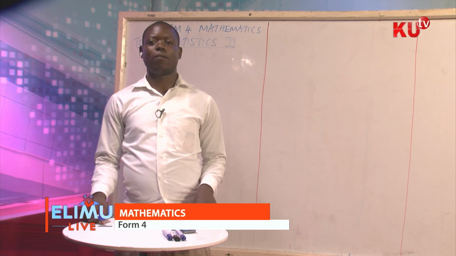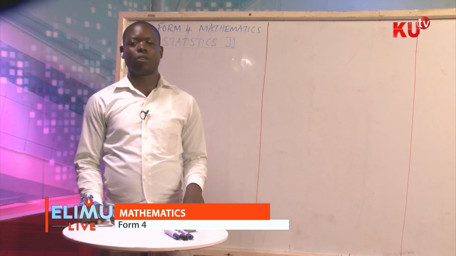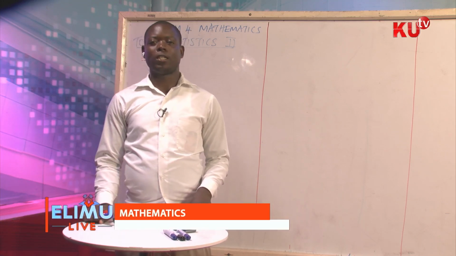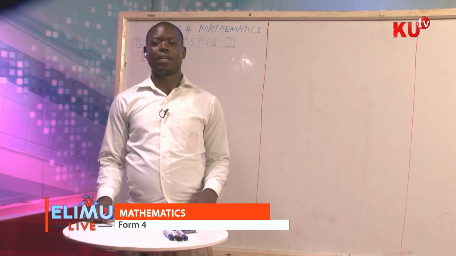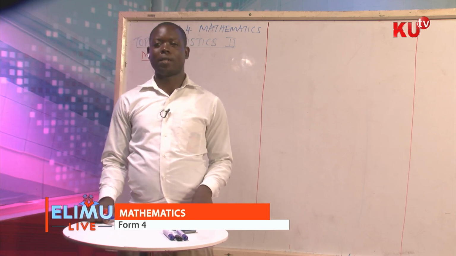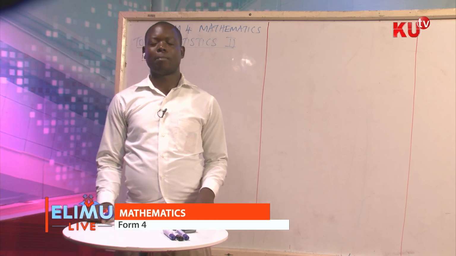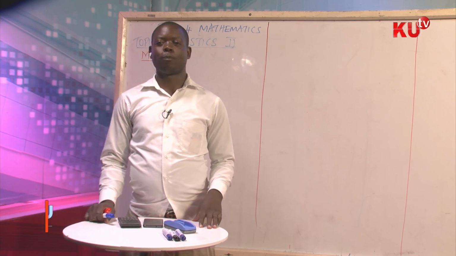And one of the measures that we analyzed were what we call the measures of central tendency. We said the measures of central tendency are three. There is mean, there is mode, and there is median. Those are the things that we analyze as measures of central tendency covered in Form 2.